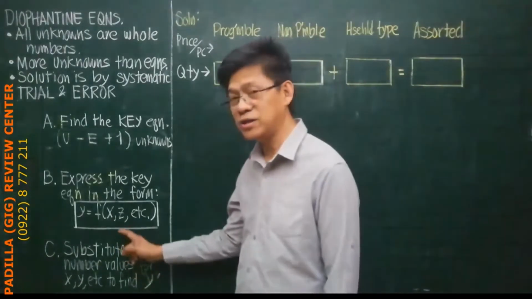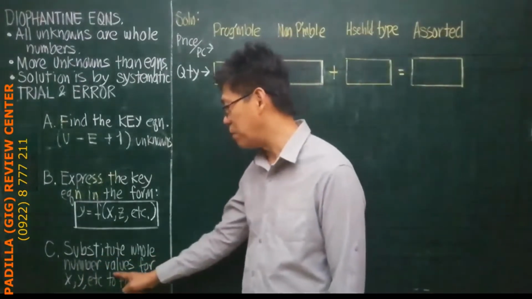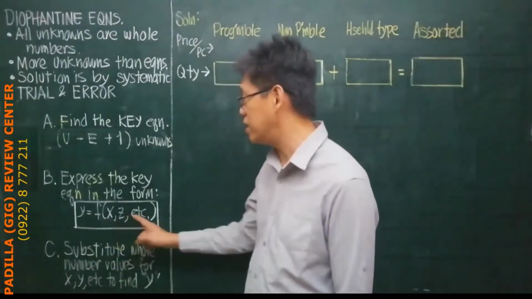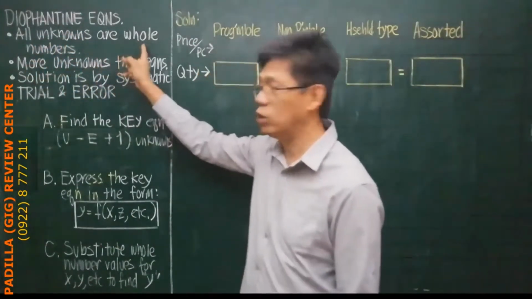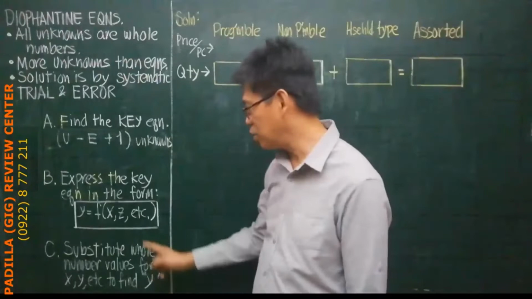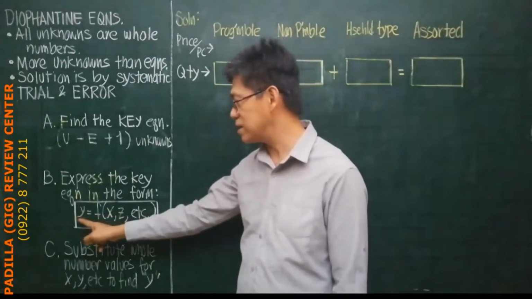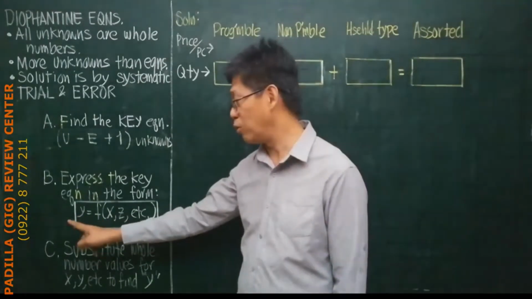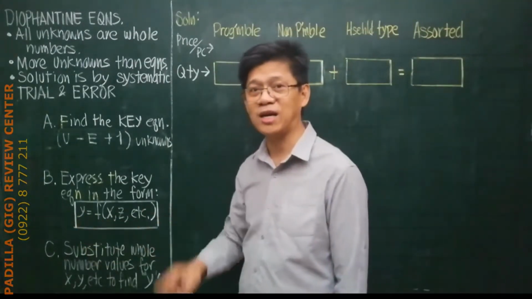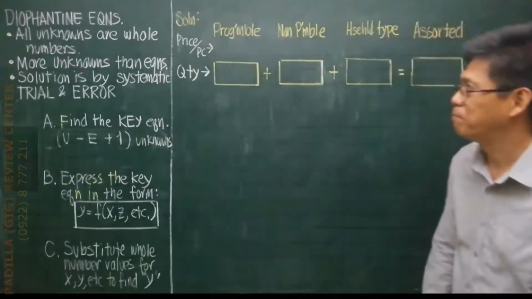Then, letter C, the third step, substitute whole number values because X, Y, Z, everything are and must be whole numbers. The one that will give an acceptable whole number value for the variable on the left will be the acceptable value. So let us have this problem.